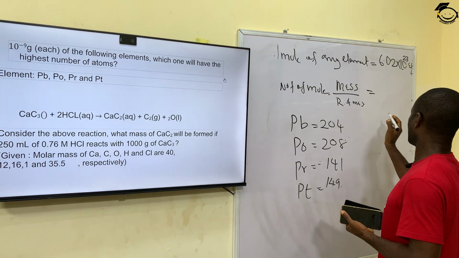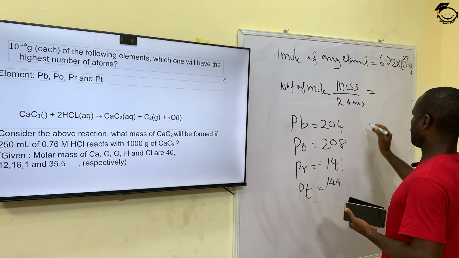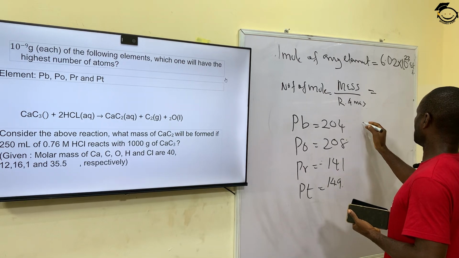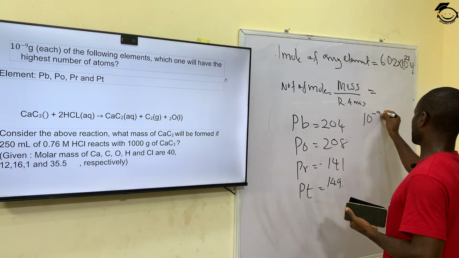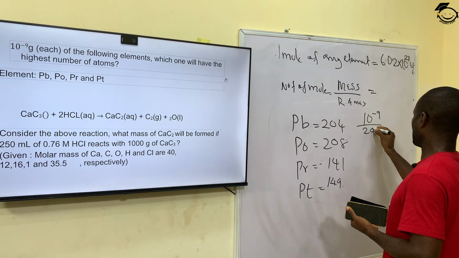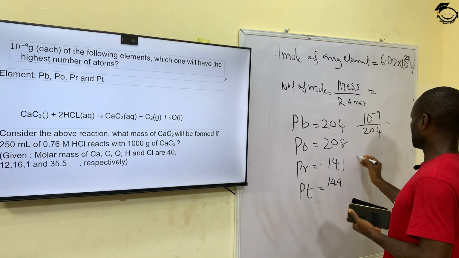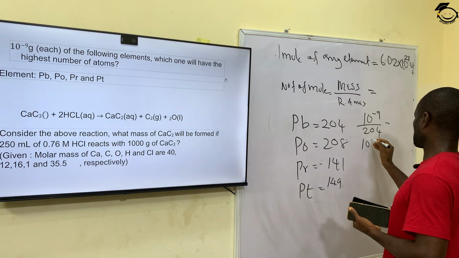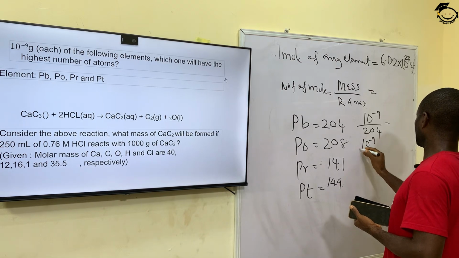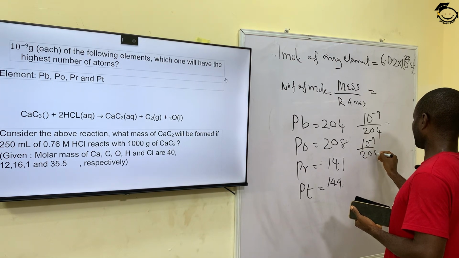In this case, for lead, we have 10 raised to power minus 9 over 204, which will give you the number of moles. For polonium, 10 raised to power minus 9 over 208.